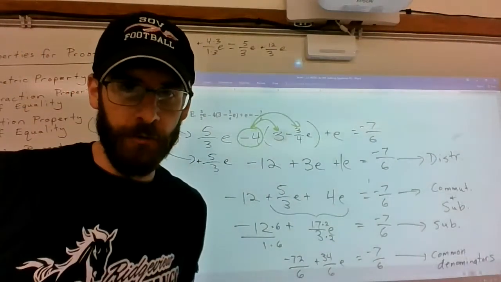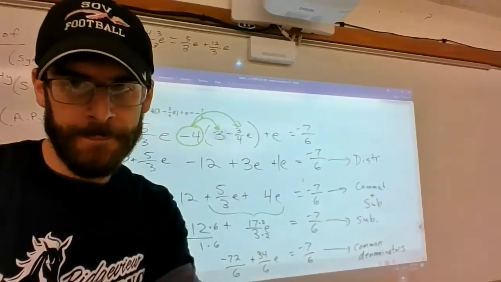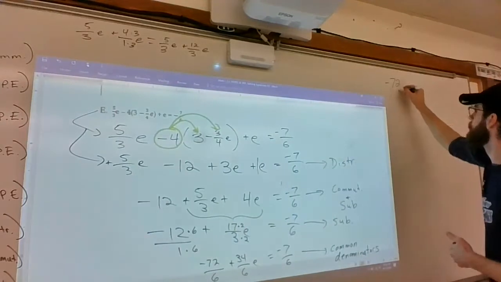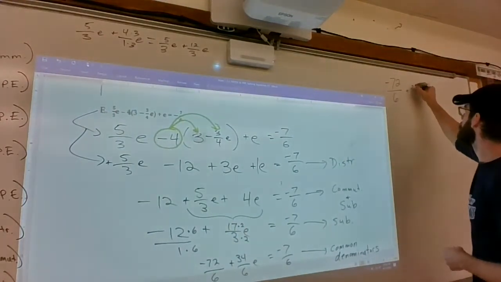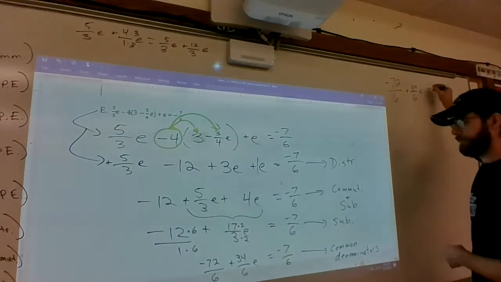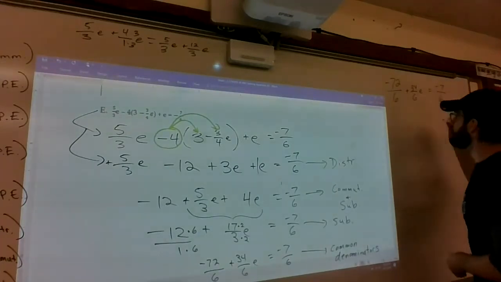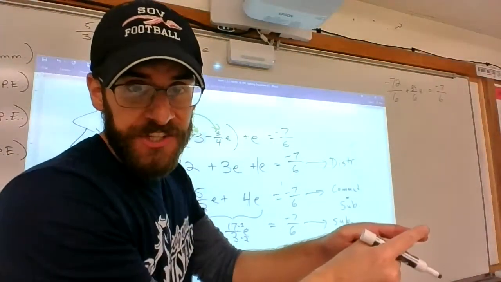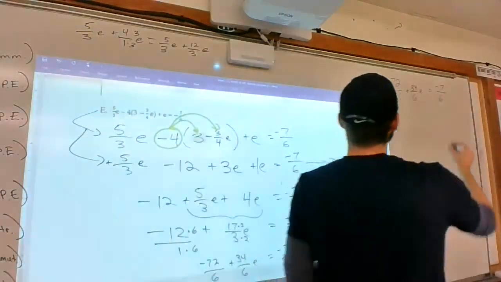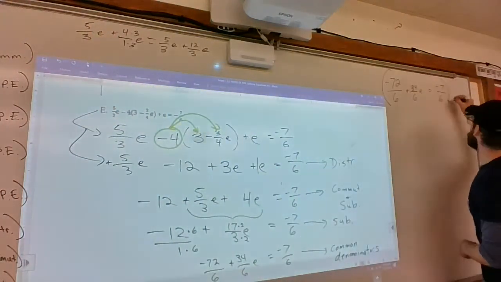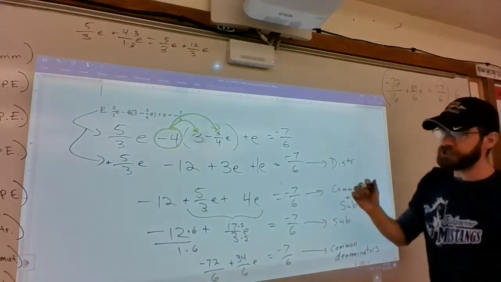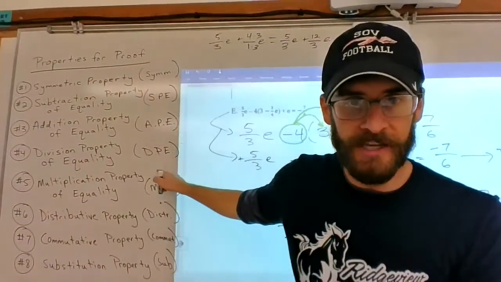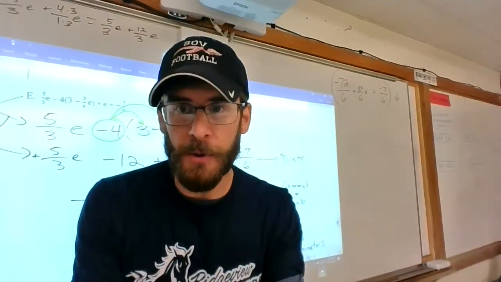So here's why that's helpful. If I've got the same denominators, I can multiply both sides times 6, which is the multiplicative property of equality. Multiplied both sides by 6.